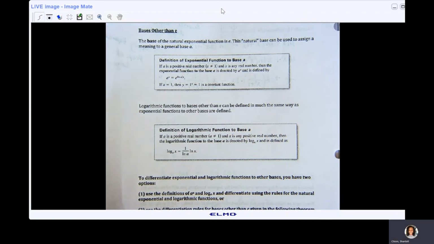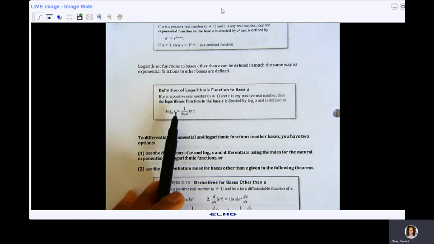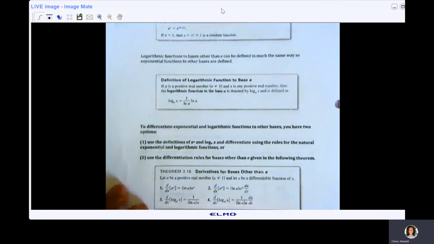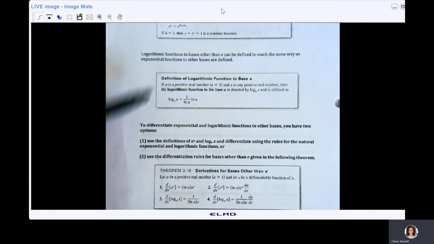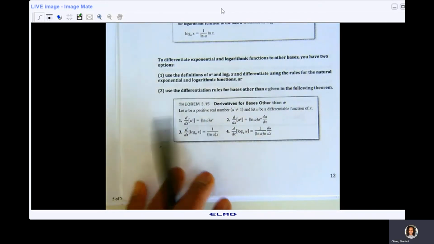Okay, so that's just giving you the definition there. Here is the actual definition of a log function of base a, definition of an exponential function base a. So we're given the definitions, which come from pre-cal, and then we'll actually look at the derivatives of those.